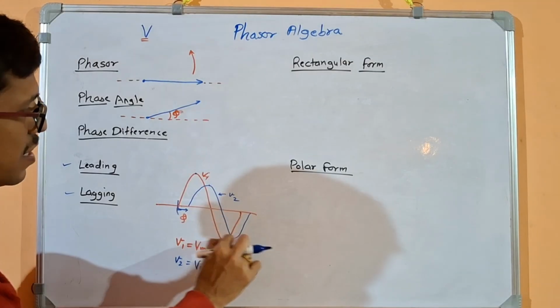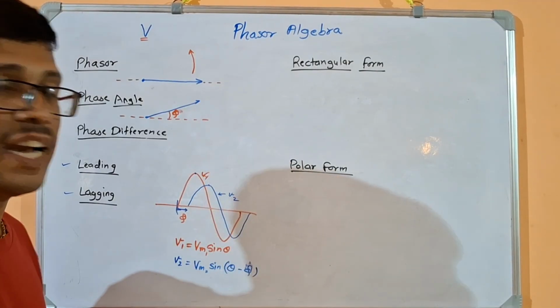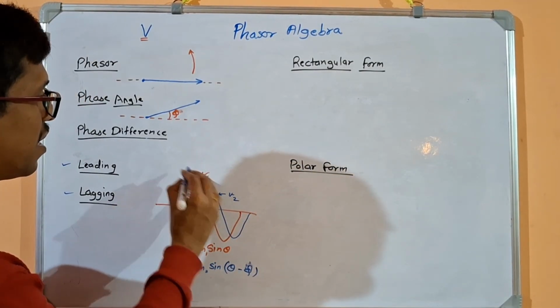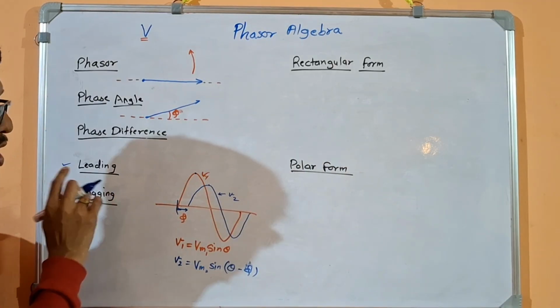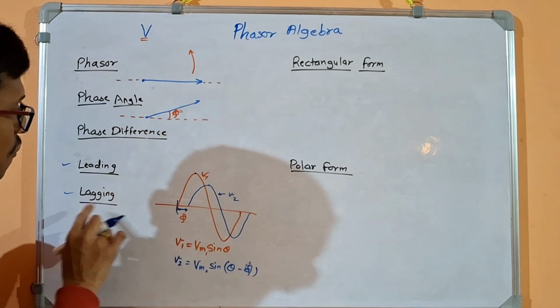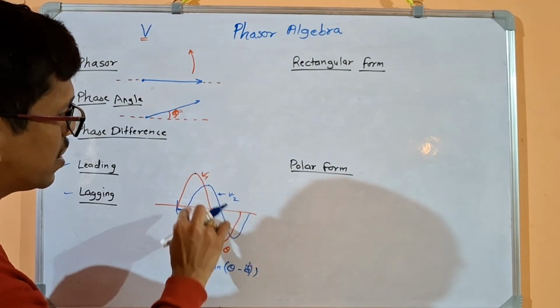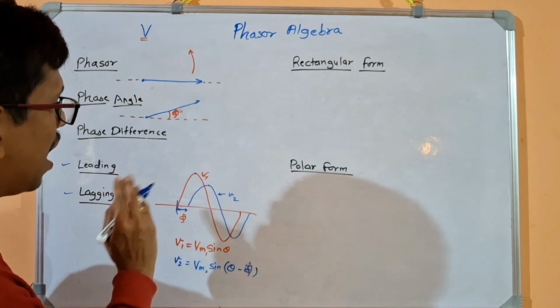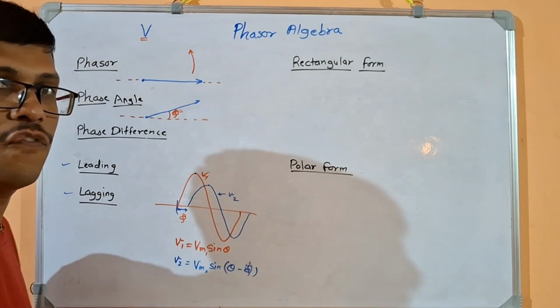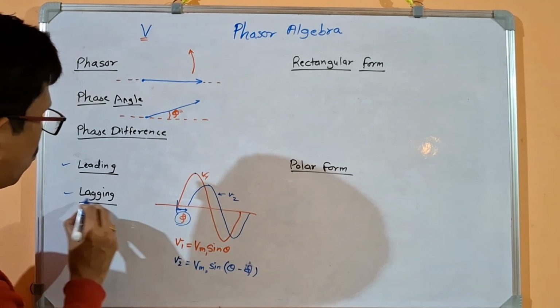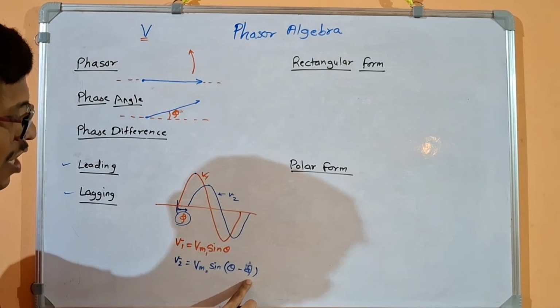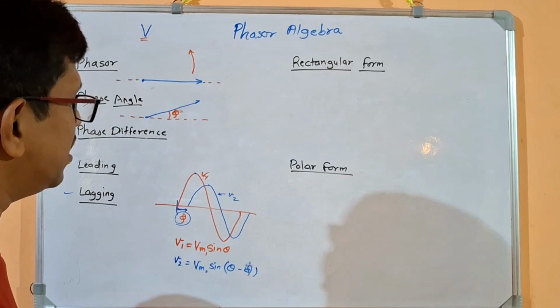If this second waveform is starting earlier than the reference waveform, then it is called as leading. And if the second V2 or second waveform is starting after the reference waveform by angle phi, it is called as lagging. So here I have shown lagging waveform. Leading म्हणजे काय?